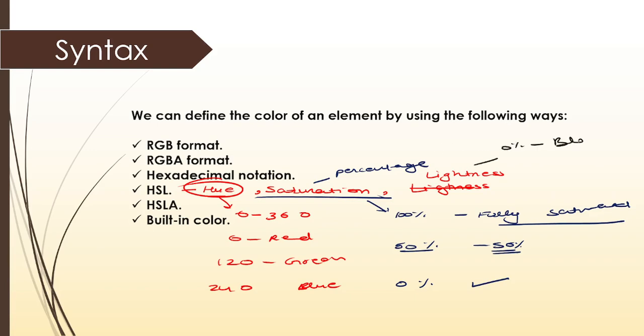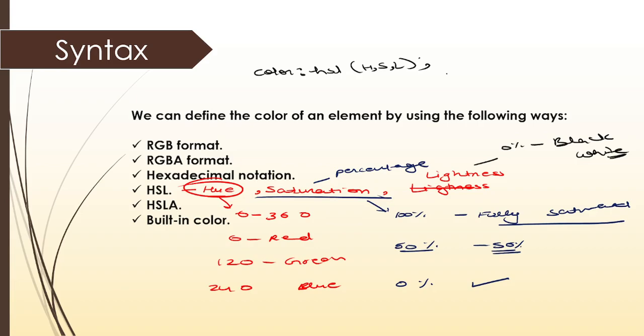And 50% means not a dark black, not light black, and 100% means white. That is full lightness. Okay, so syntax for HSL is color colon HSL, value of H, value of S, value of L.